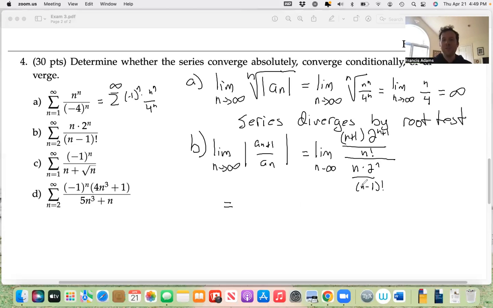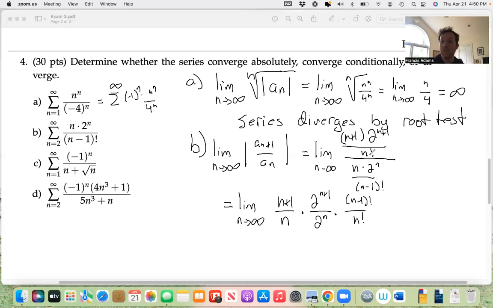Then what I'll do in a bunch of steps at once, what always happens is we flip the bottom and multiply, and then we group the pieces according to which part of the formula for the terms of the sequence they come from. So we get the n plus 1 divided by n, we get the 2 to the n plus 1 over 2 to the n, and then (n minus 1) factorial over n factorial.